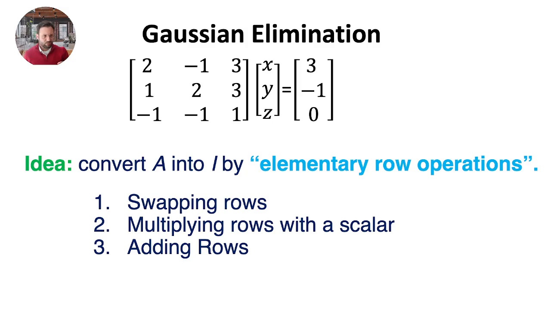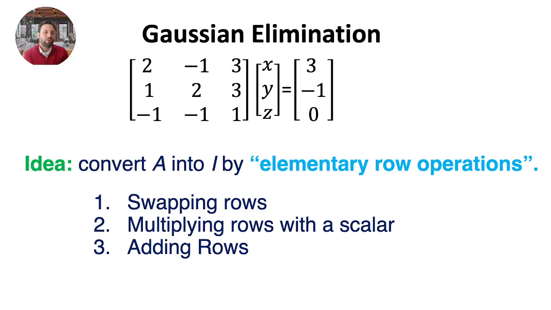So I'm going to start with this example, right? 2, minus 1, 3, 1, 2, 3, minus 1, minus 1, 1. And of course, I designed this example such that the elementary row operations are easy to do, but the main idea is the same.